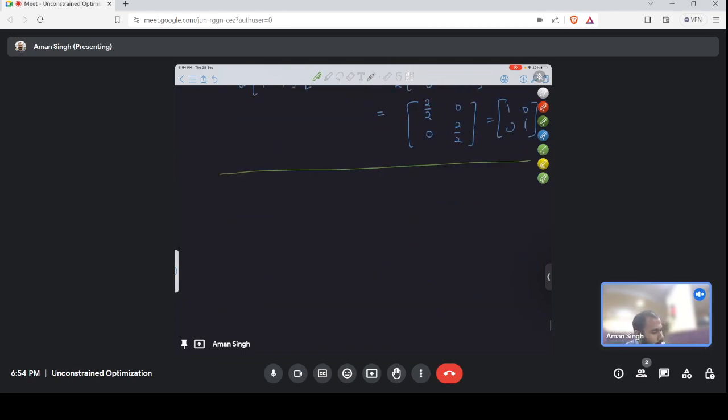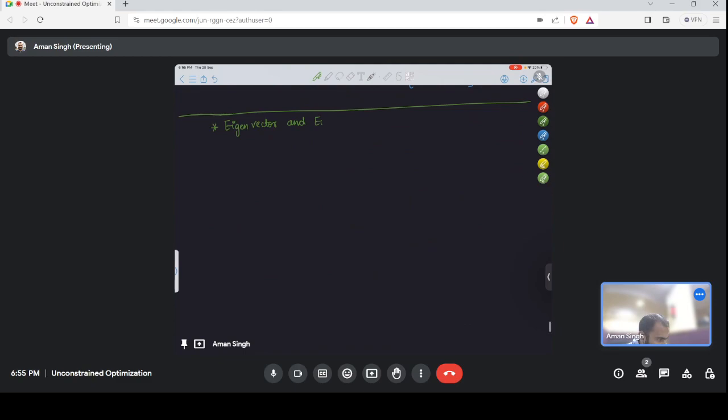Now let's talk about eigenvalues and eigenvectors of a matrix. What are eigenvectors and eigenvalues?